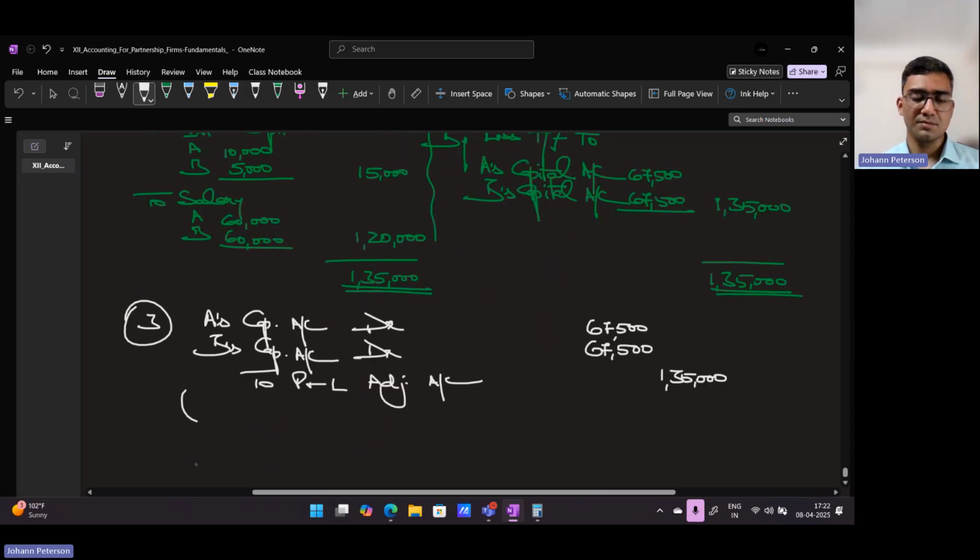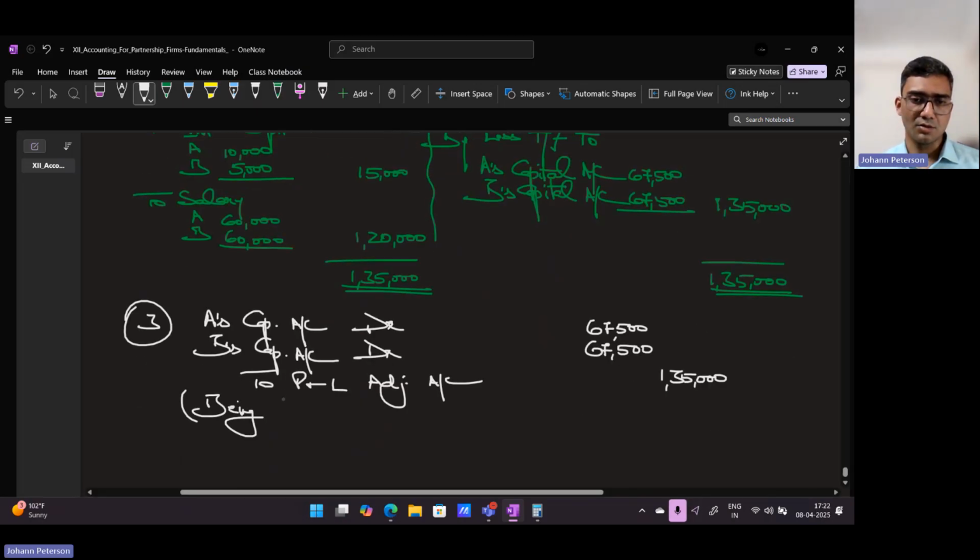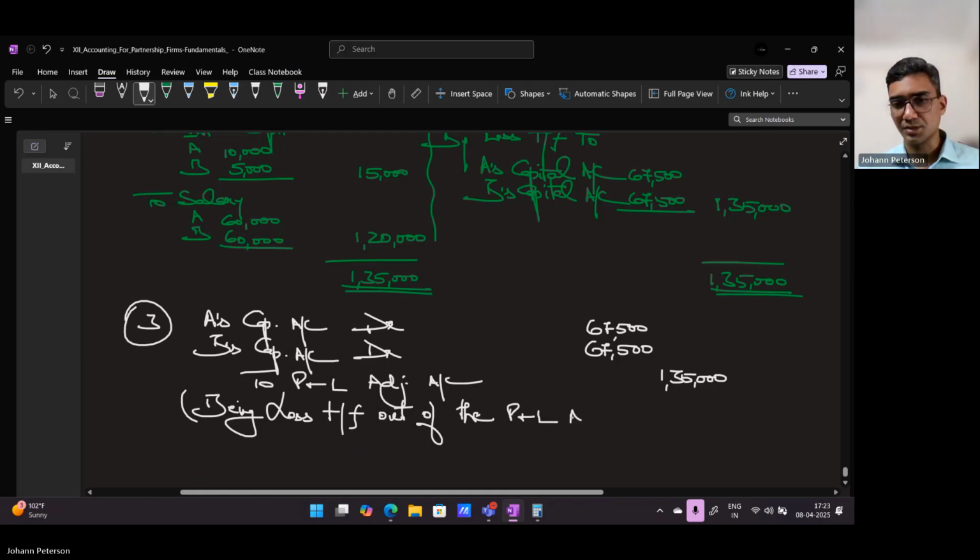Narration in this case would be being loss transferred out of the P&L adjustment account.